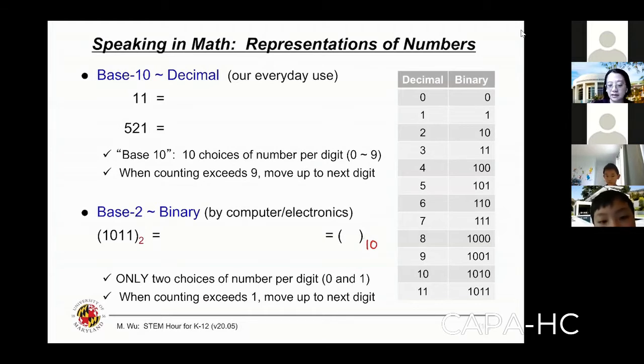When we say 11, which in base 10, we mean we have one loose item, and then we have one bundle of 10. And for a three-digit number, we have one loose item. In this case, 521 means we have 1 loose item, 2 bundles of 10, and then 5 bundles of 100.